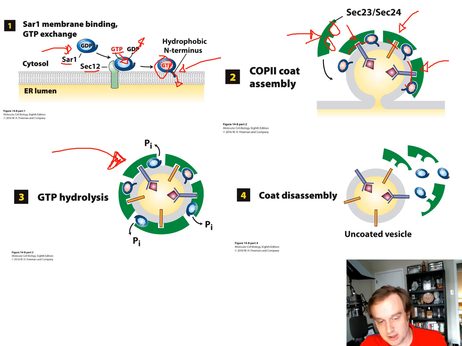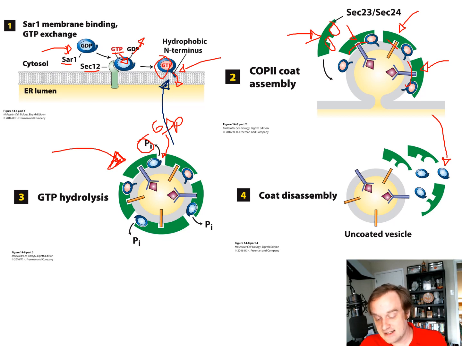re-stimulates the hydrolysis of the GTP in SAR1 to go back to GDP and a phosphate group, right? And when that occurs, we lose this hydrophobic domain that we created in the first place, and so that causes this SAR1 protein to no longer have a hydrophobic tail and kind of be shot out of the nice hydrophobic membrane that it was hiding in.